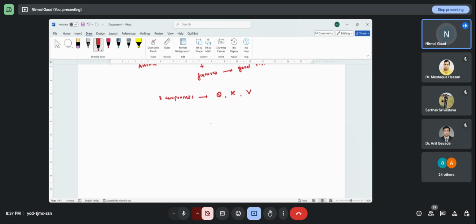Q is a query, K is a key, and V is a value. I related this concept to SQL, where we give a query to the database and we want to fetch a result from it.